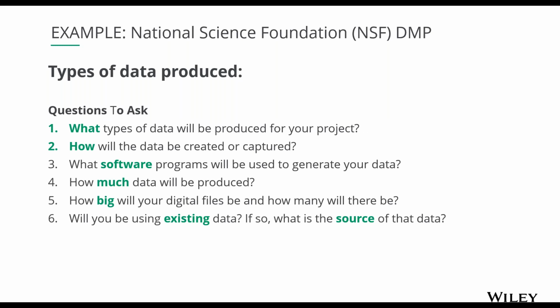You want to ask what type of data will be produced for your project? How will that data be created or captured? What software programs are you using to generate that data? How much data will be produced? How big your files will be and how many of them there will be? And whether or not you will be using existing data. And if you are, what is the source of that data?